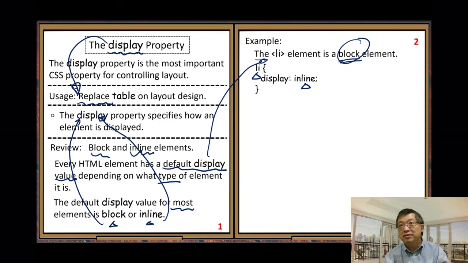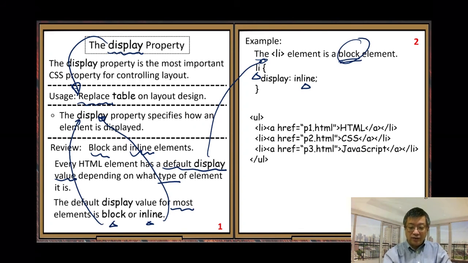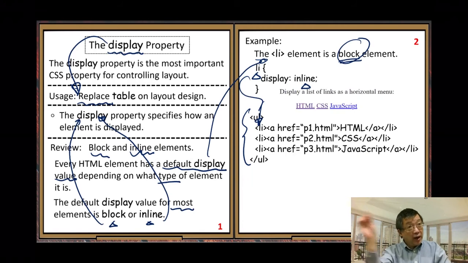After this change, the display property for the li element is inline. When we look at a list, suppose this is an unordered list, because we apply that rule to the li element, you will see the inline way to display items: they stay in the same line.